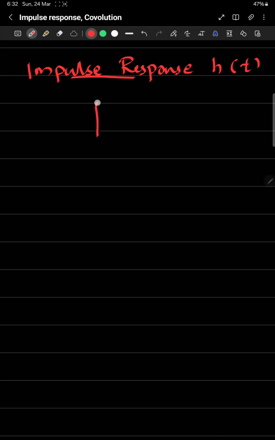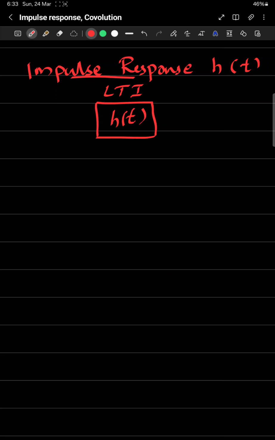This is, you can say, an identity of an LTI system, a linear time invariant system. For an LTI system, there is a parameter called h of t, which describes the system characteristics. You know that for an LTI system, the behavior of the system is time invariant.